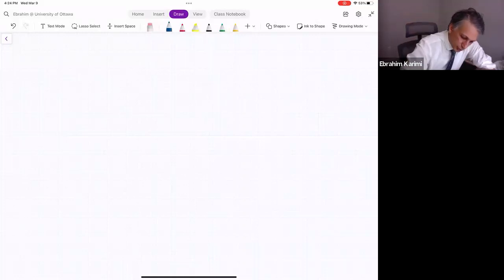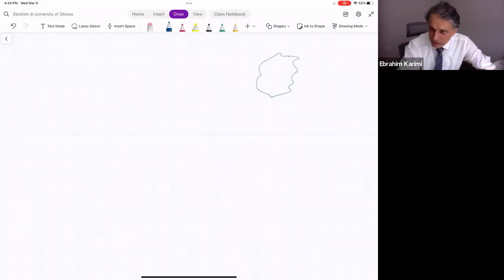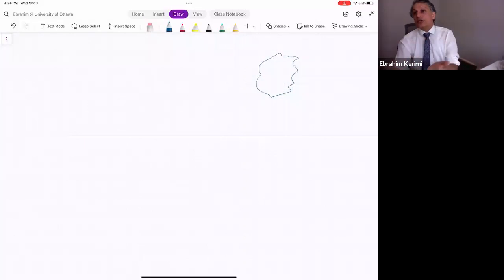Let's go back to the charge distribution. And even this charge distribution can have boundary conditions. It's up to you guys.